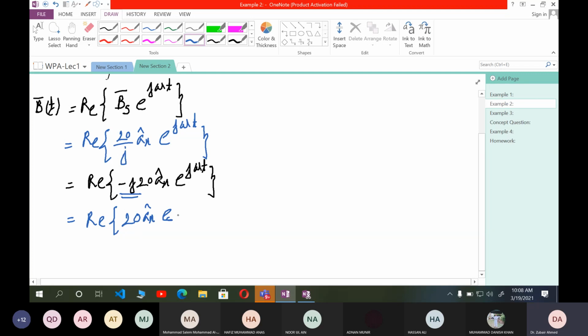Minus j can be exponential of pi by 2 or minus j pi? It is minus j pi by 2. Exponential of j omega t.